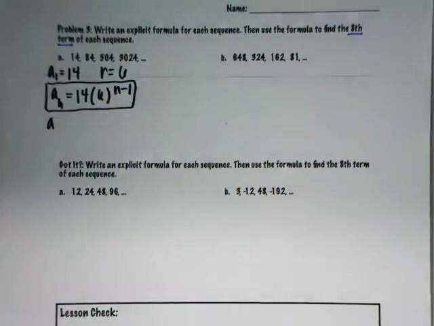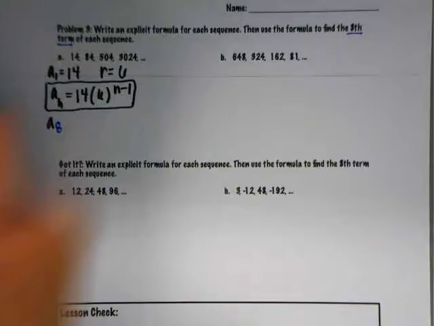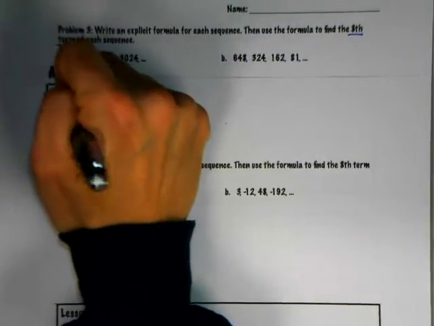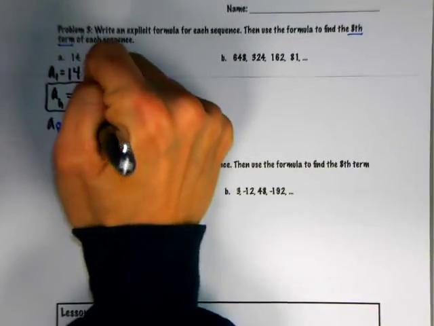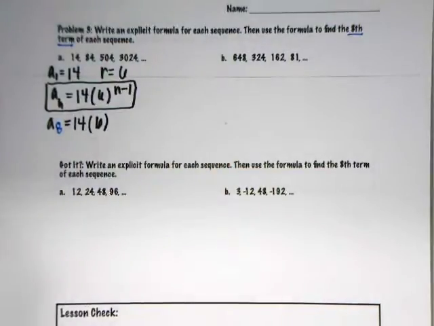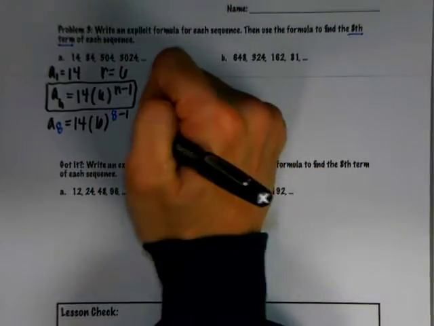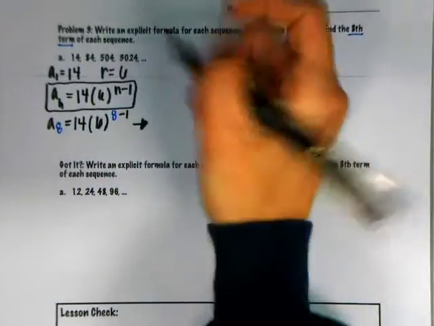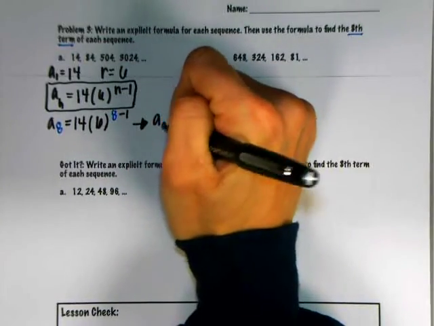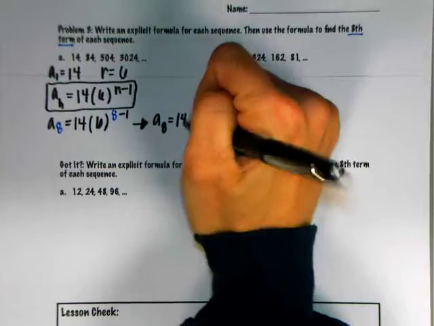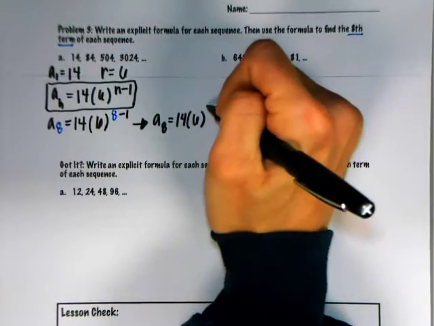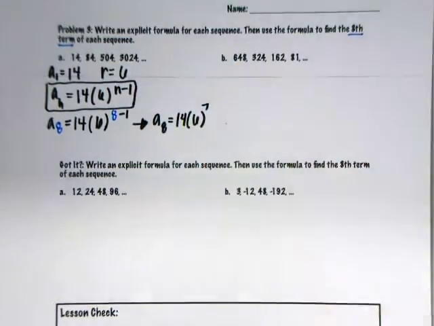So a sub 8 equals 14 times 6 to the 8 minus 1 power. Which we're going to do that subtraction. So a sub 8 equals 14 times 6 to the what power? 7th. Yep. So subtract that exponent piece.